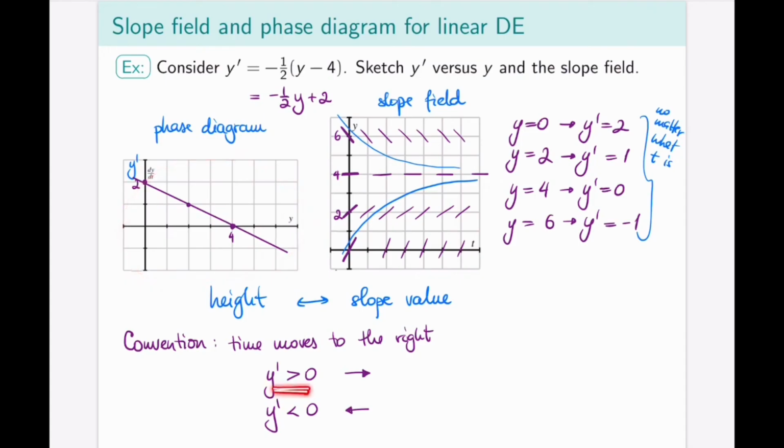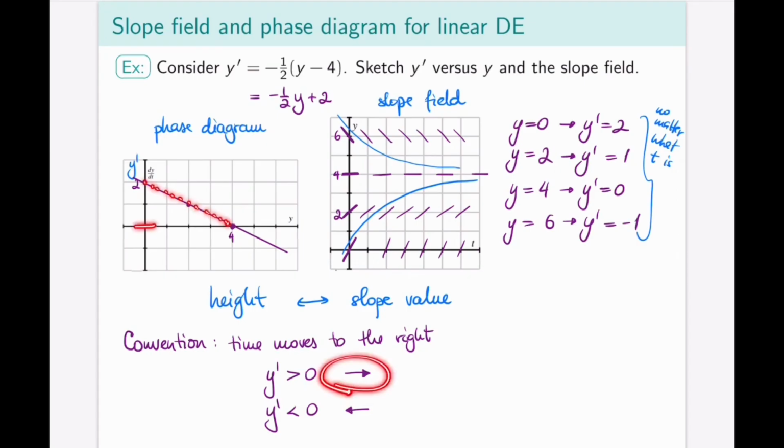Y prime is positive means that the graph is above the x-axis, generally calling this x-axis, I mean the horizontal axis. So y prime is positive when the graph is above the horizontal axis, which implies that I have to draw the arrow to the right.